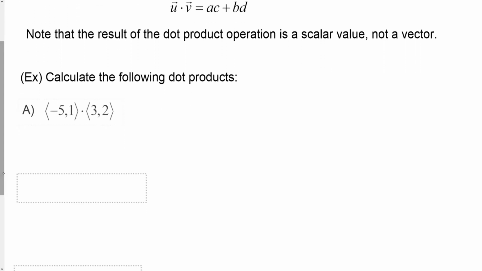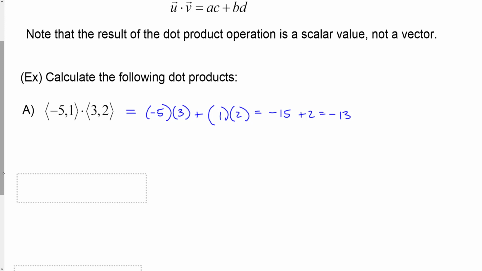So first, the dot product of -5, 1 dot 3, 2. So it's pretty straightforward. We just take -5 times 3 plus 1 times 2. So we just take component by component, multiplying them. So -15 plus 2, which is -13. And that's the result of the dot product.